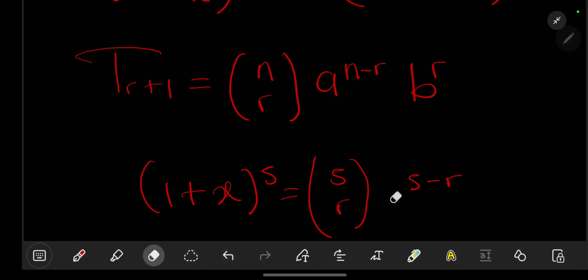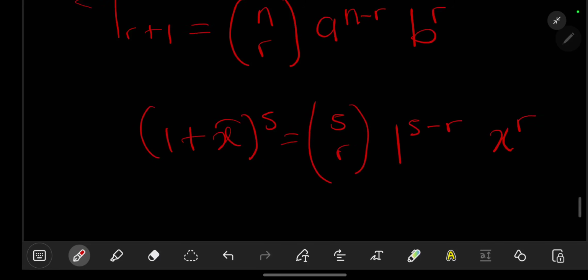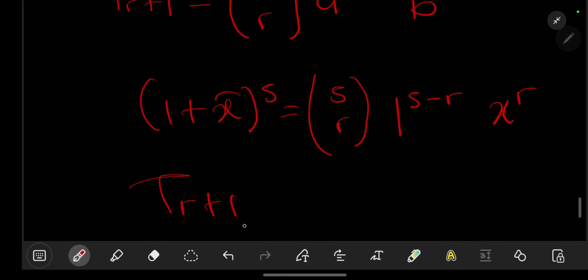Now for a, it is the first term, in this case it will be your 1. Then you have your b, which in this case will be your x to the power of r, like that. So that's that. Now why is it T_(r+1)? This r plus 1 tells you the term.